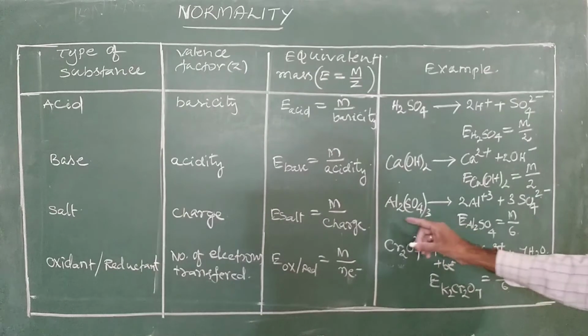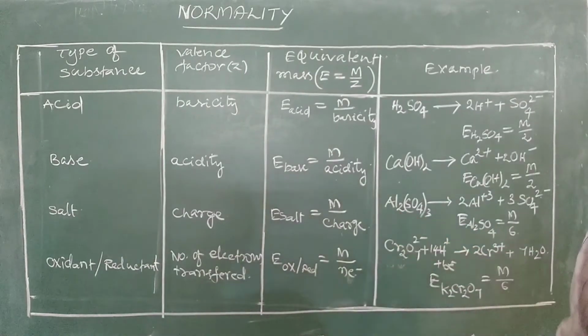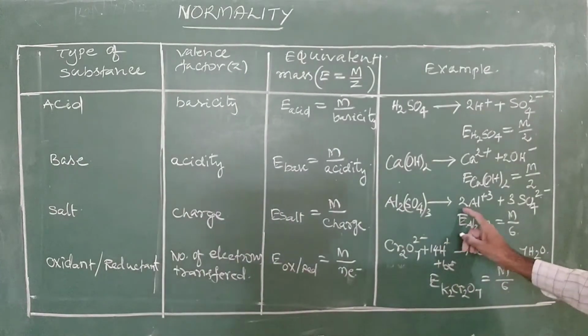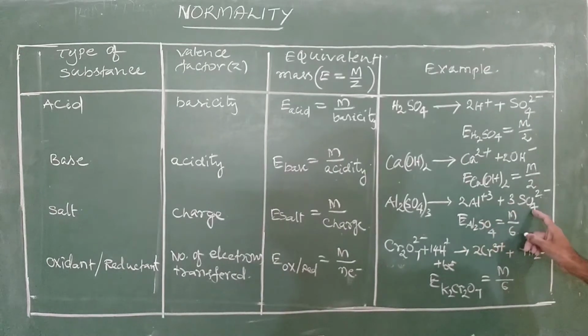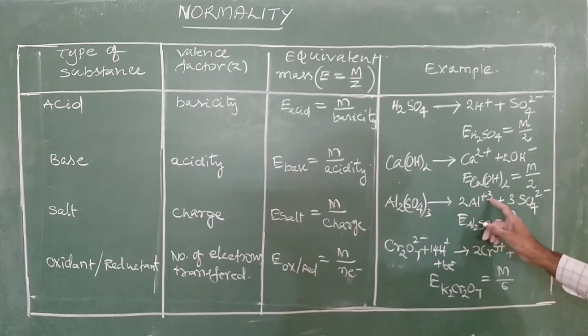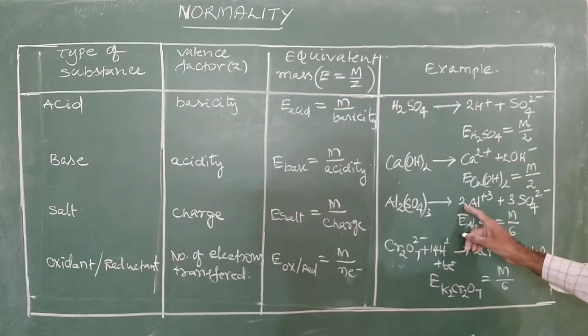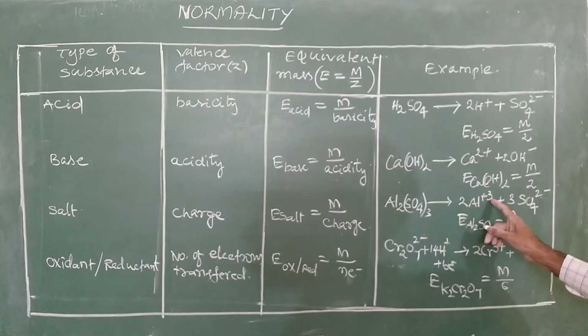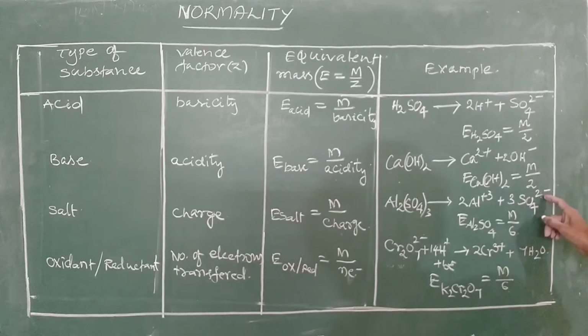For example, aluminum sulfate ionizes to give 2 aluminum ions and 3 sulfate ions. So what is the charge here? 2 cations are produced with charge plus 3, so the total positive charge is 2 into plus 3, that is plus 6, or 3 into minus 2, that is minus 6, the total negative charge present on anions.